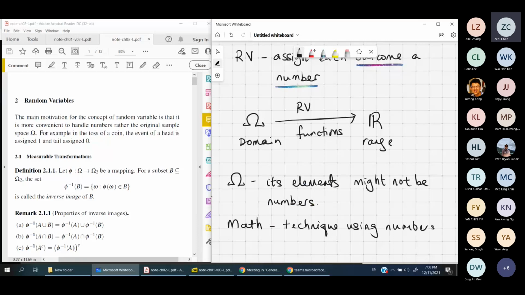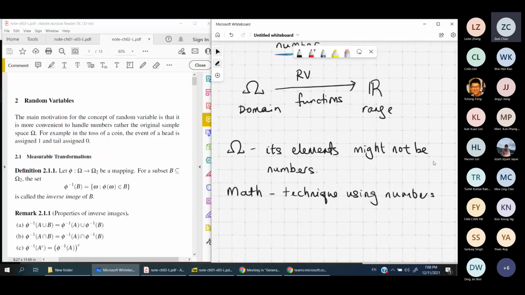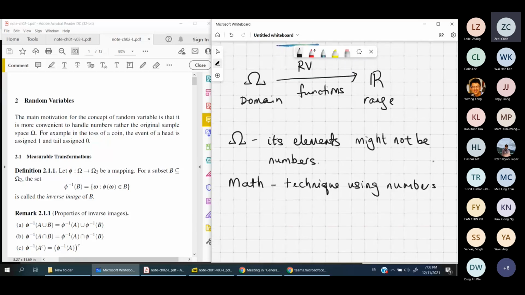So in order to apply the techniques of mathematics, we use a random variable. We translate the information in the sample space into numbers. Once we come to numbers, we can do some work using mathematical formulas, and after that we translate back to get the result and do the interpretation.